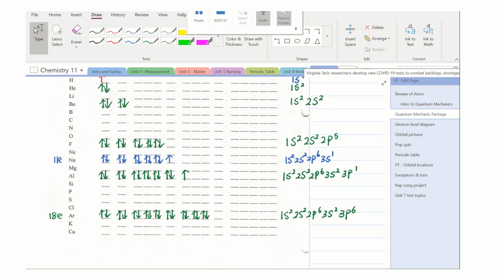I want to do maybe just one more with you. So calcium, if you have done it, just kind of follow along. Just wait for me. You should have it all done. So calcium, it's 20 electrons, right? So we have 1s2, 2s2, and then the 2p's, they are all filled. So all these are inner orbitals.